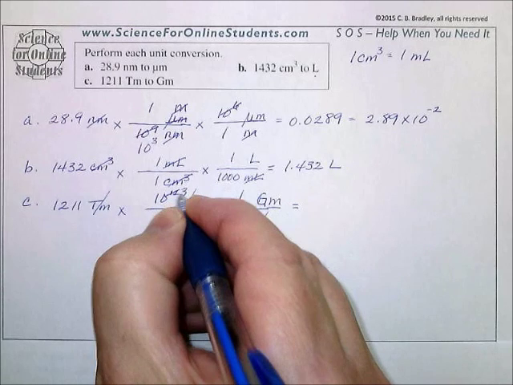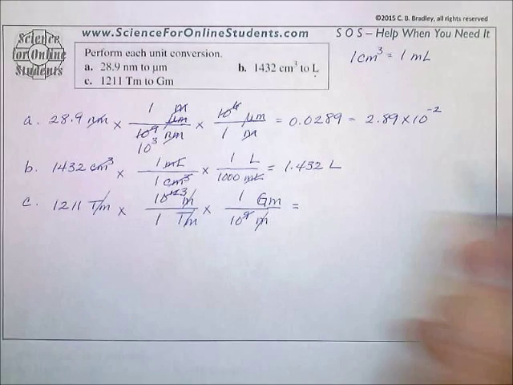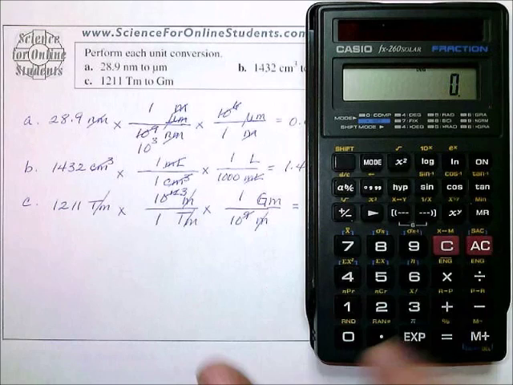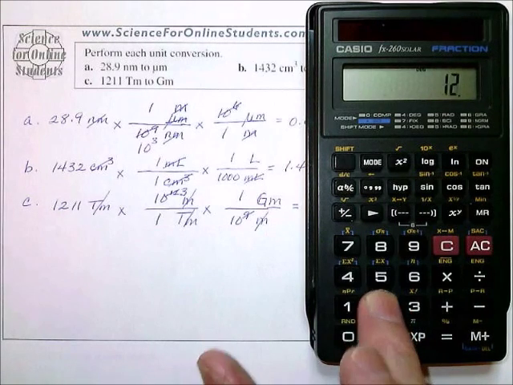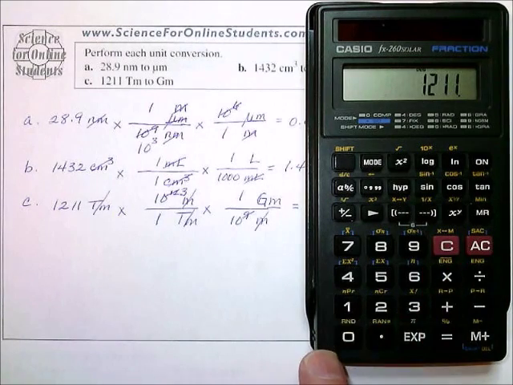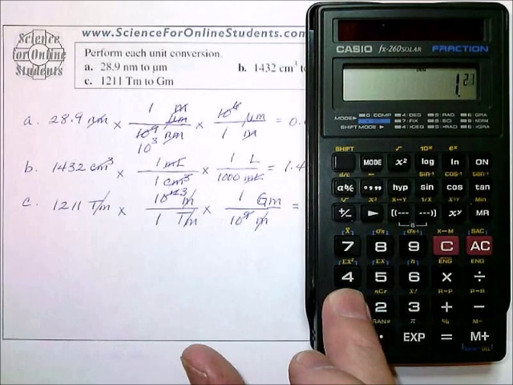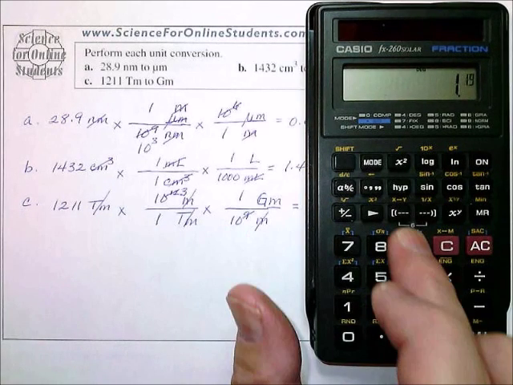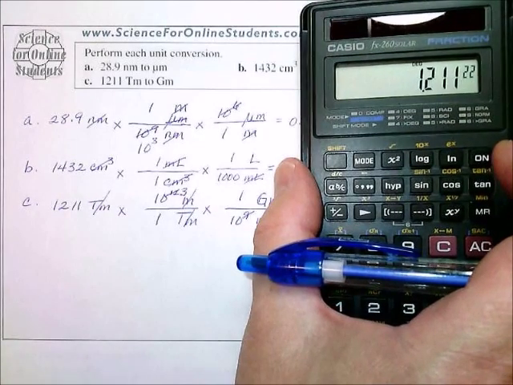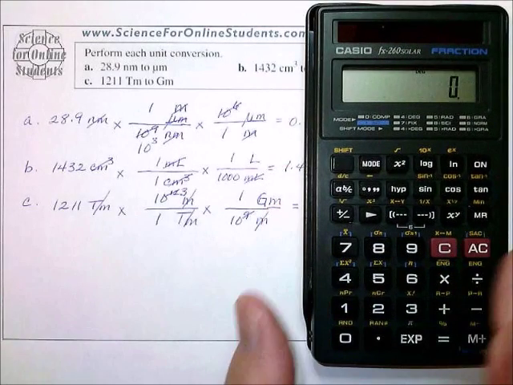And 10 to the 9th, 10 to the 12th, the 9 will cancel with all but 3 of these. So we're going to be multiplying 1211 times 10 to the 3rd. Or let's do it the long way. 1211 multiplied by 1 times 10 to the 12th, divide by 1 times 10 to the 9th equals 1.211. Uh-oh, I must have hit a multiply instead of a divide. Let me do that again.